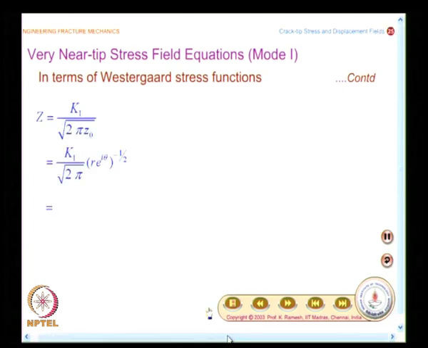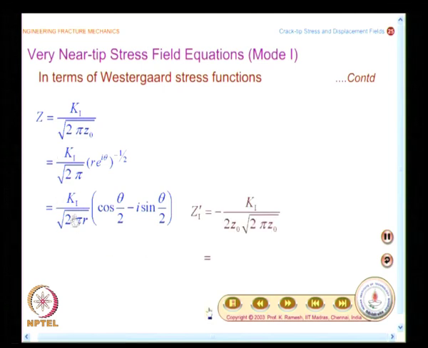Now, we will get the expression in terms of r and theta. This we had seen already. So, I can write capital Z as K1 by root of 2 pi r into cos theta by 2 minus i sin theta by 2.